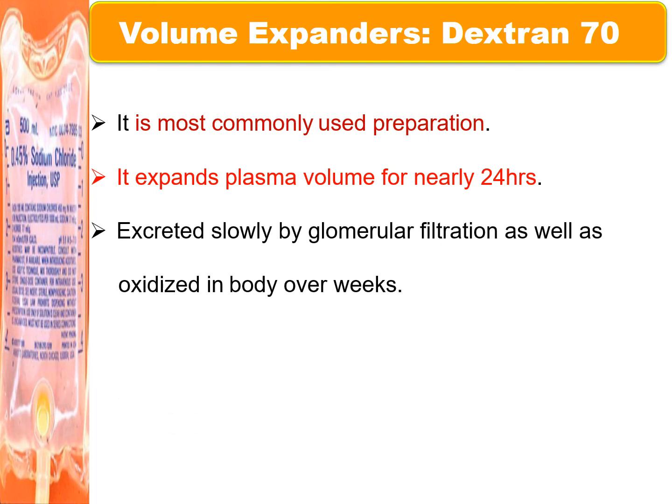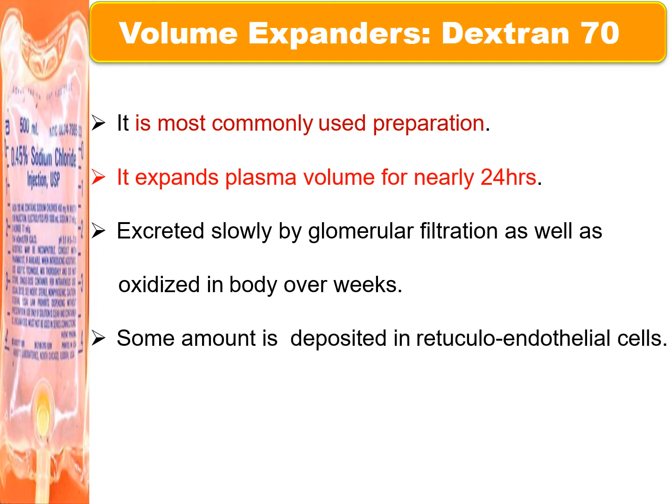It is excreted slowly by glomerular filtration as well as oxidized in the body over weeks. Some amount of dextran 70 gets deposited in the reticuloendothelial cells.